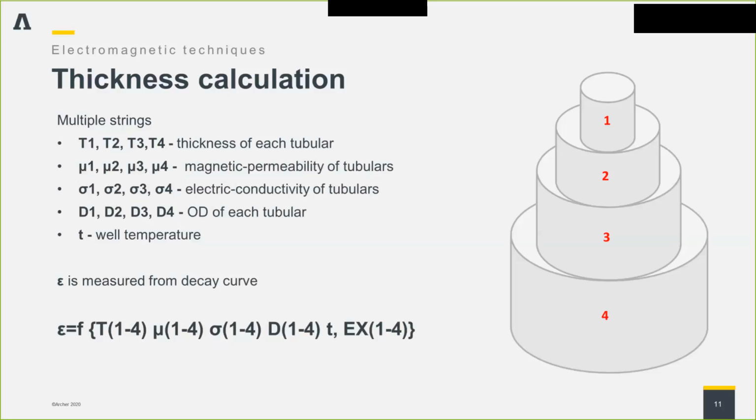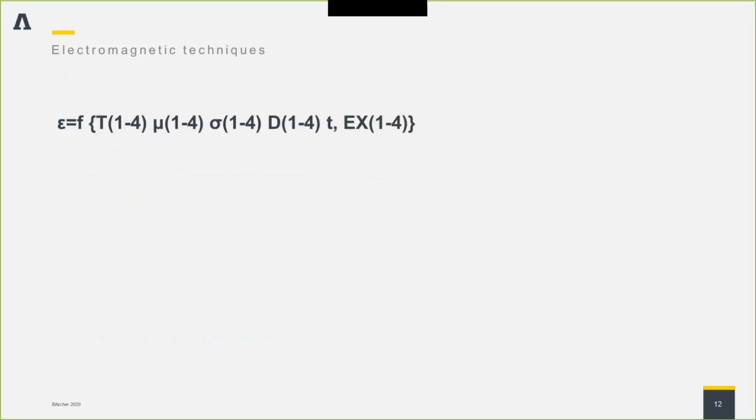So it gets quite complicated, but we can derive the individual thicknesses from the decay curve and where the voltage is actually measured within that decay curve. So what we have here is an equation to give us the 4 thicknesses.